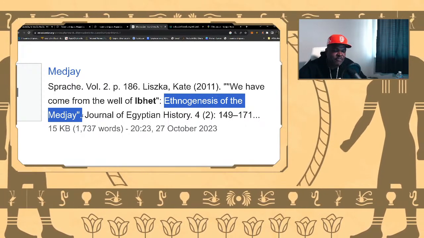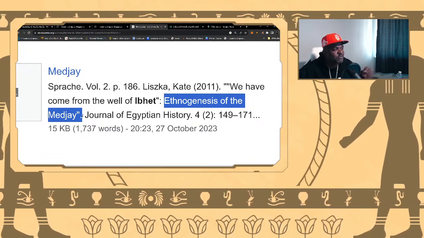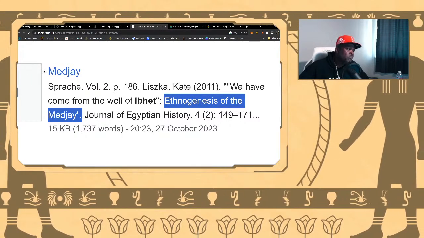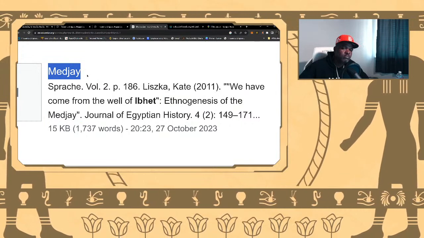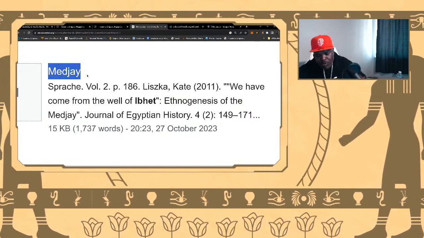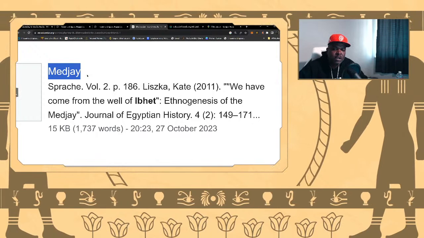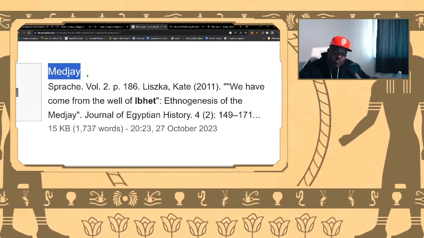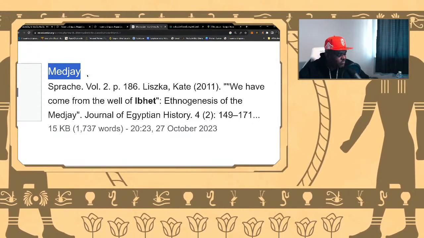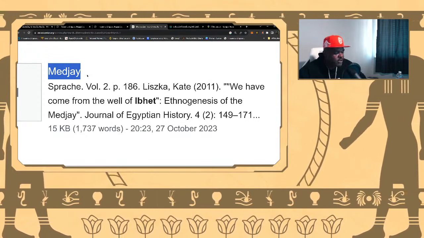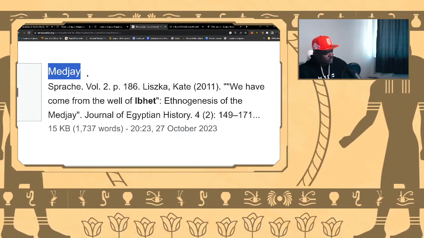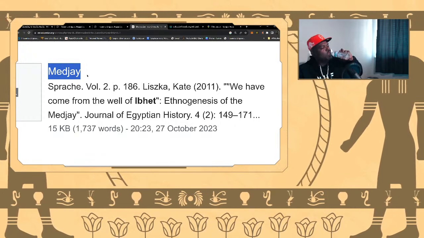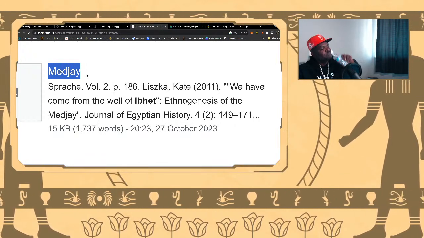Why is that significant? Because we don't find Magi significantly spread throughout Egypt to after somebody reunified Egypt. Y'all know who that was? Mentuhotep.